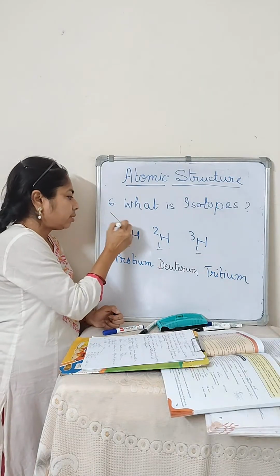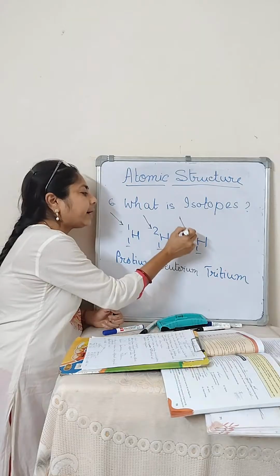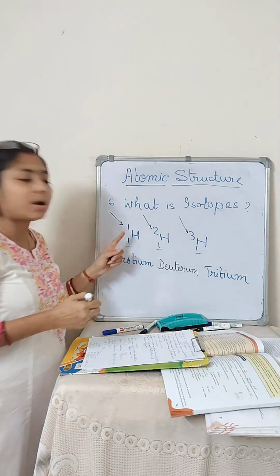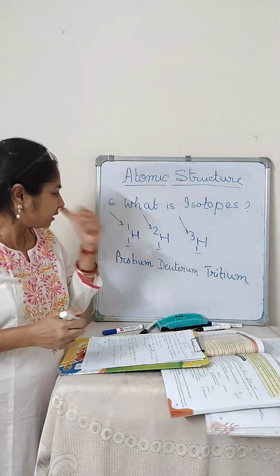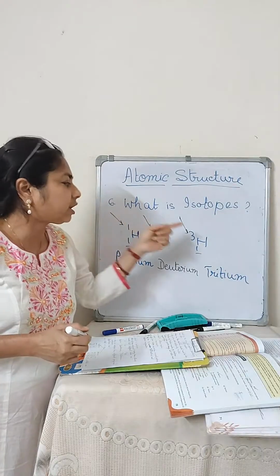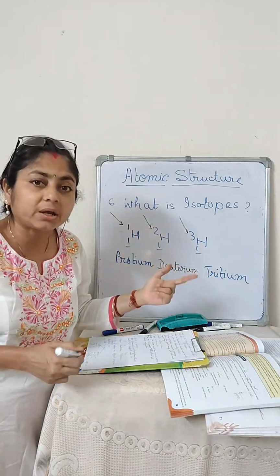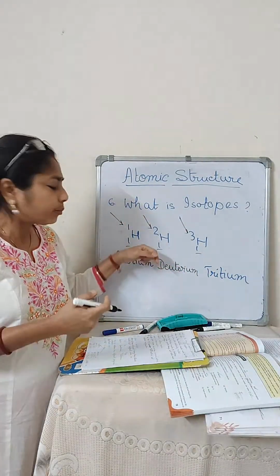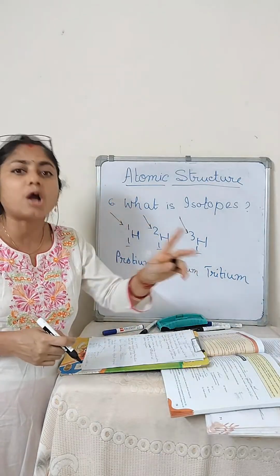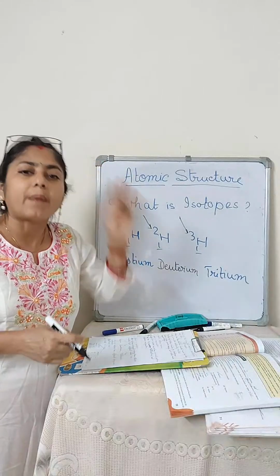Look, mass number. Normal hydrogen, protium, has mass number 1. Deuterium, mass number is 2. And tritium, mass number is 3. Then where is the change? Protons are the same, which means electrons are the same, so the neutron must change.